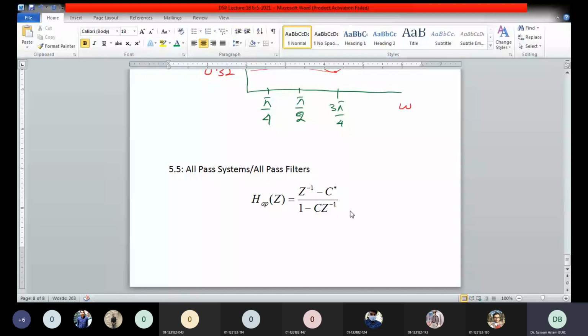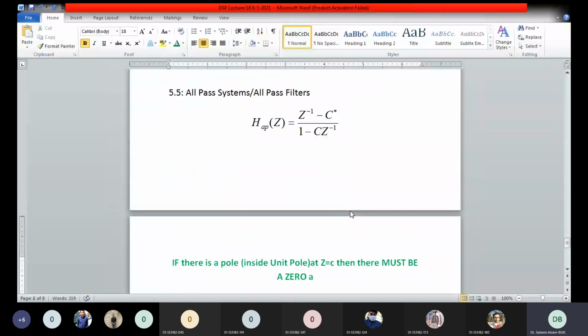So this is the first expression written in your book for the all pass system. And this says that if there is a pole, I'm writing in brackets inside the unit circle, if a pole goes outside the unit circle then the system becomes unstable. If there is a pole at Z equal to C, then there must be a zero at 1 over C conjugate. So this is the only condition for the all pass system.